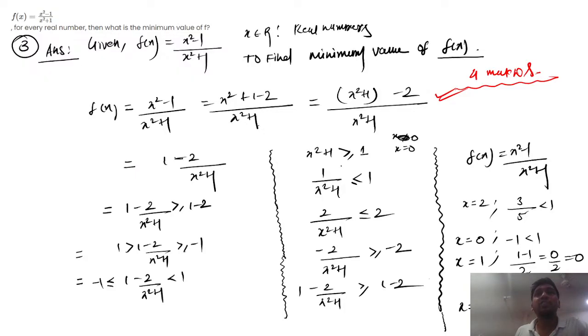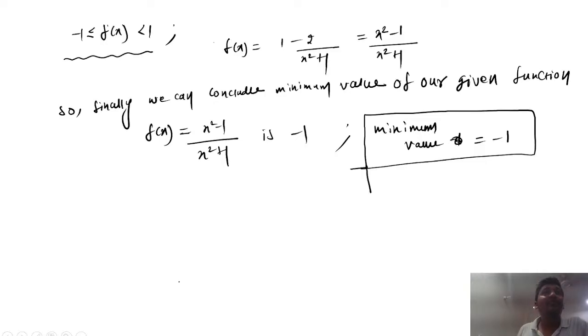Then we get 1 minus 2 upon x square plus 1 greater than or equal to minus 1 and less than 1. In the next slide, we finally concluded that the minimum value of f of x is minus 1. That is it. Now next question.